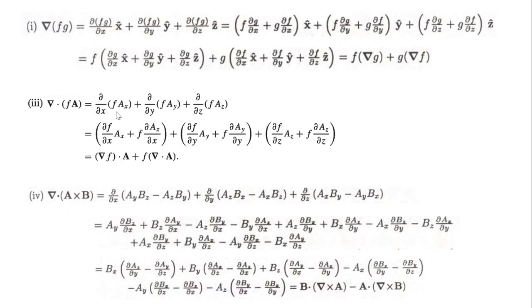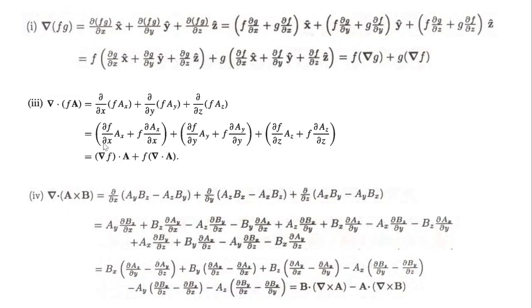We have product of x term, product of y terms, product of z terms. So this is equal to dou by dou x of f into ax plus dou by dou y of f into ay plus dou by dou z of f into az. So this is product rule of normal derivative. You can expand it like this, just like we have done in the previous case.